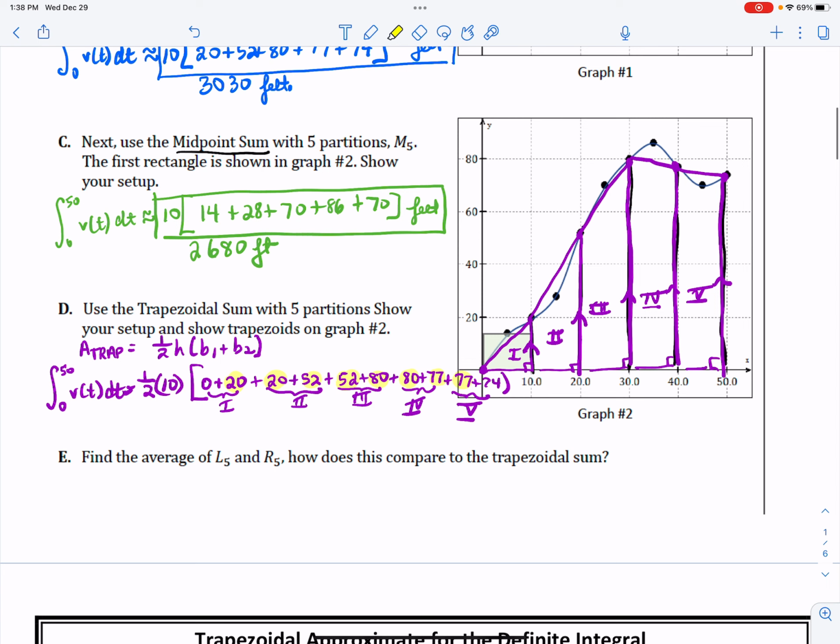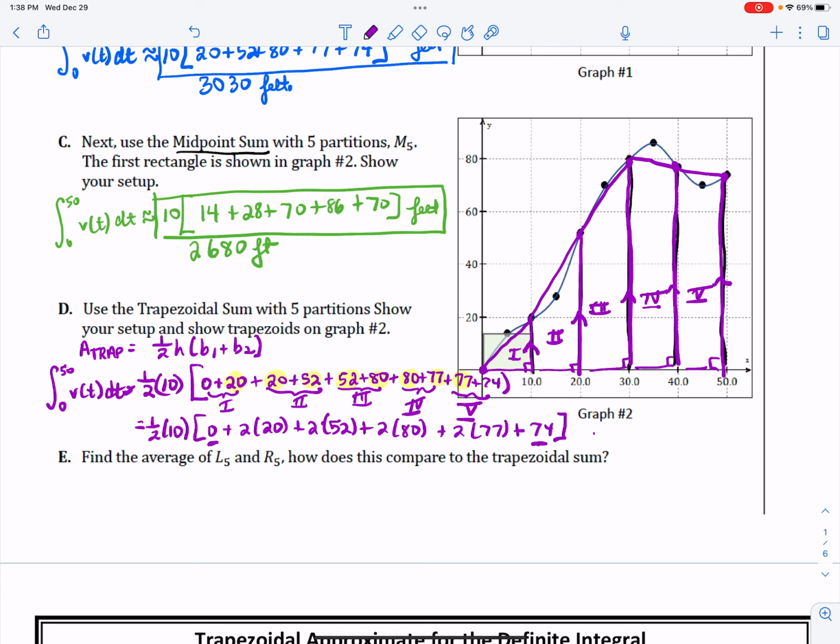So I could rewrite this trapezoidal rule as follows. 1/2 times 10 times 0 plus 2 times 20 plus 2 times 52 plus 2 times 80 plus 2 times 77 plus 74. So these are just the end y values.